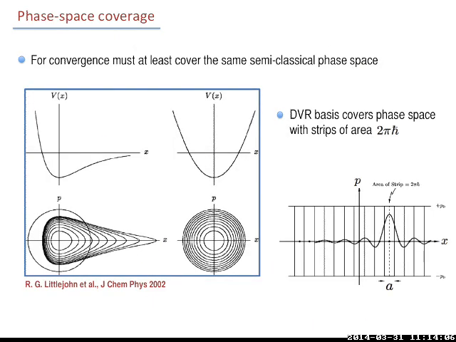So regarding the convergence properties, both in the IR and the UV, you can use phase space arguments to understand how convergence is reached.